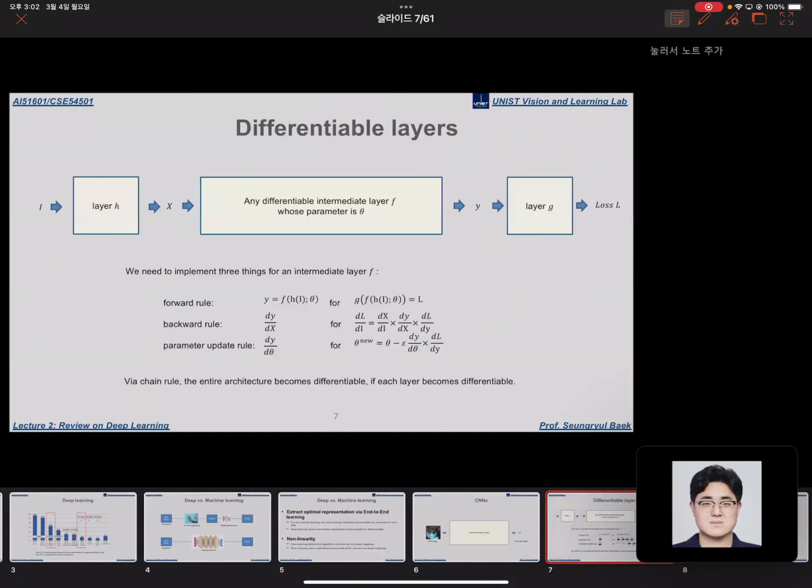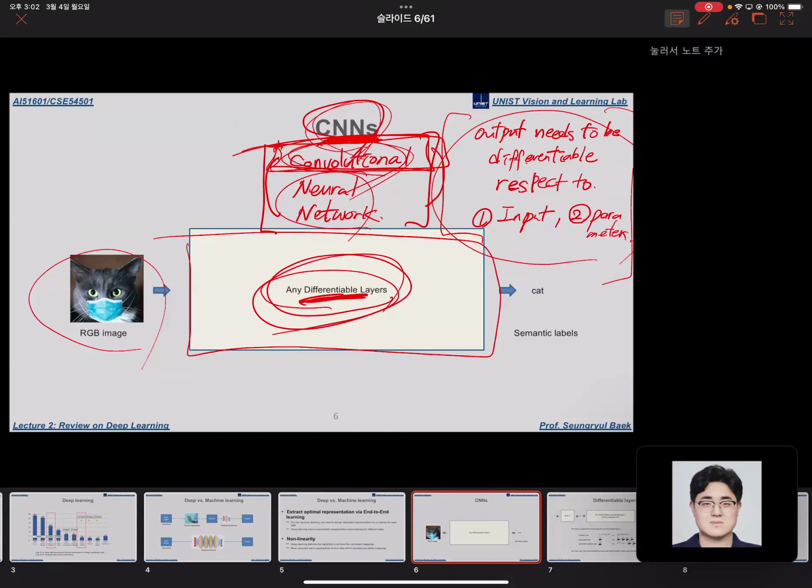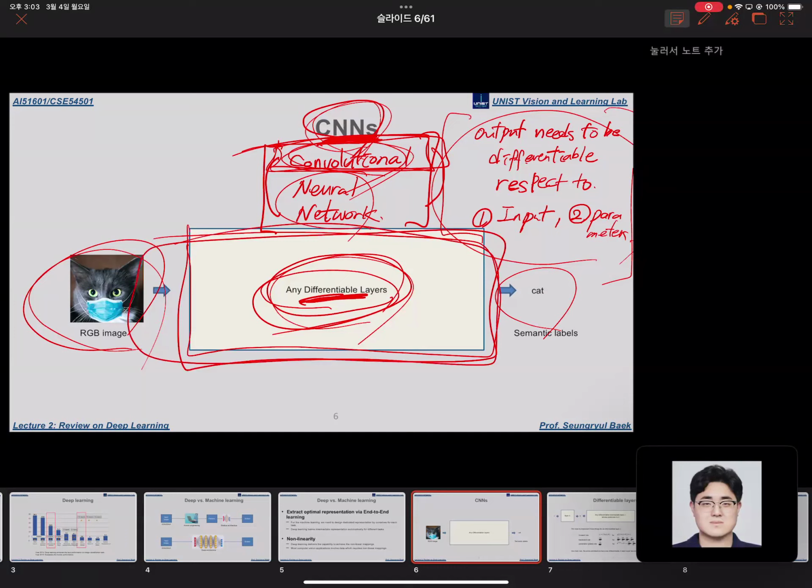So in this deep learning, using these fully differentiable deep layers, we input our RGB image and then map it to some vector which represents some probability for multiple classes. So using the data, we learn the parameters of these deep layers.